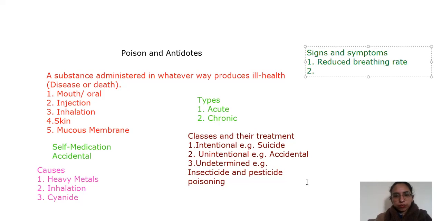Second one: nausea, vomiting, or diarrhea. We know what the vital organs are. If you do not have an idea about vital organs, please mention it in the comment box. Nausea, vomiting, and diarrhea.